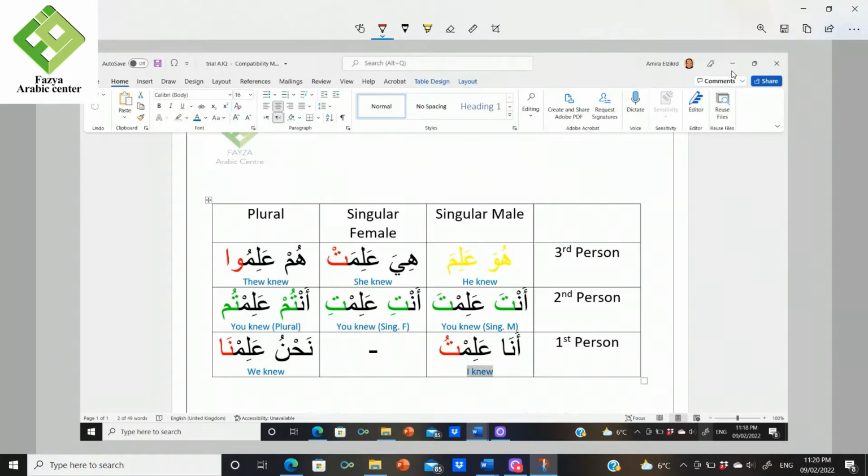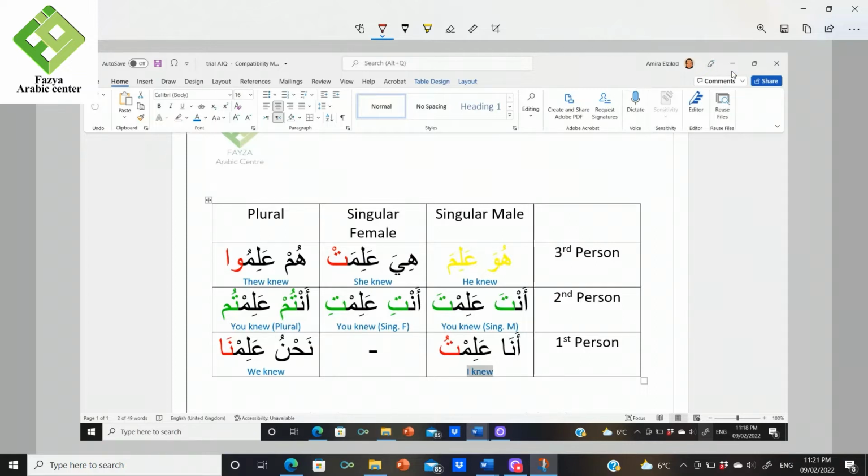Now, the color coding that I'm doing here, which I'm hoping will help all of you, is simply because we have things to keep in mind that will help us a lot to remember the conjugation forms without really memorizing them or taking a lot of our time or exhausting ourselves.